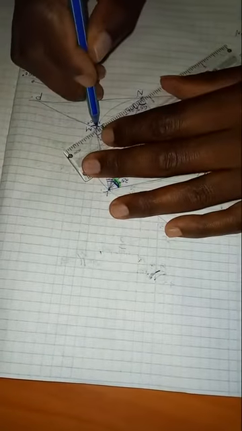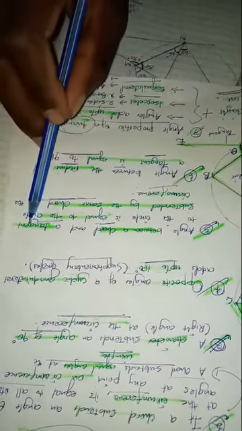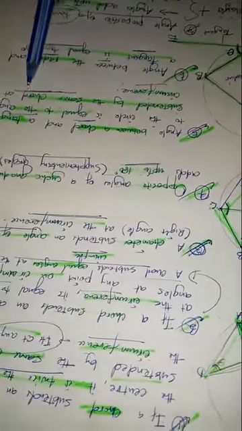After that, you need also, for this chord here, we said that the angle between a chord and a tangent to the circle is equal to the angle subtended by the same chord at the circumference.